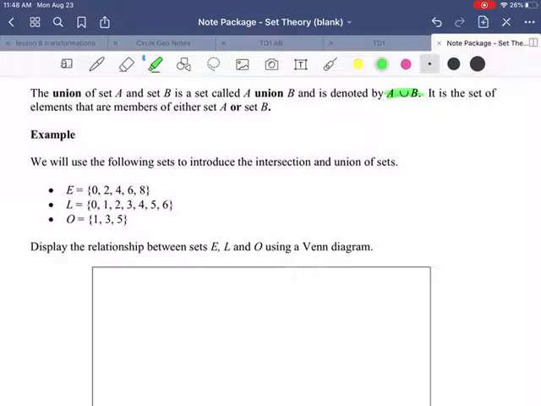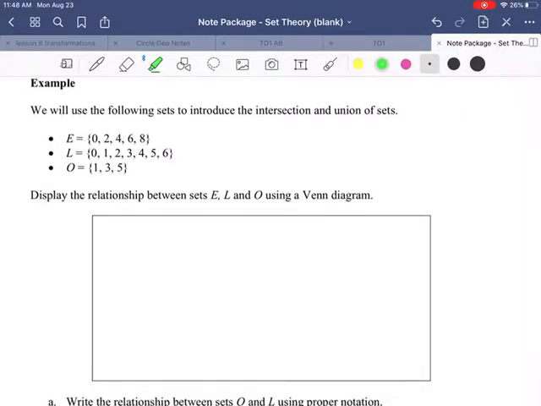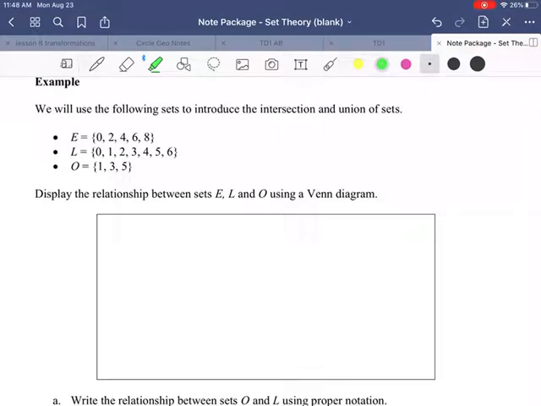Here's another example. Again, I'd encourage you to pause the video, try it, and then check back in a second. We've got set E, set L, and set O, and we're going to create a Venn diagram to display this relationship.